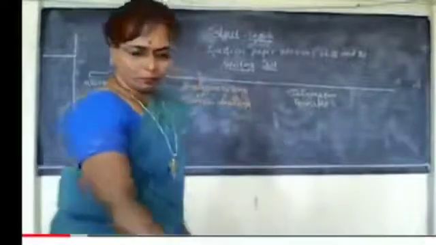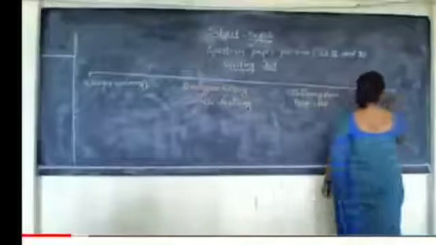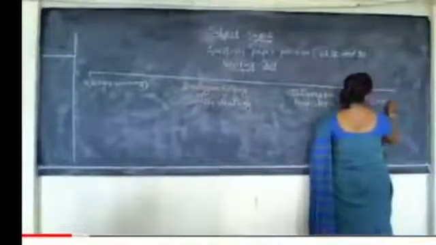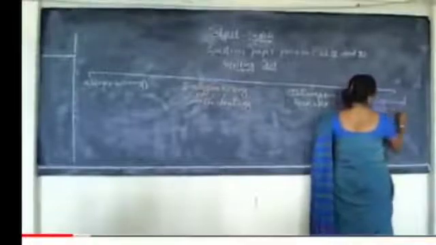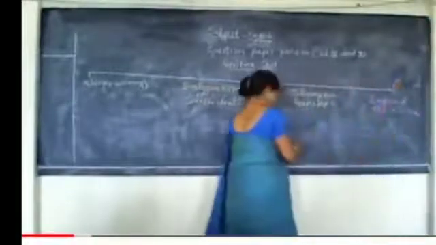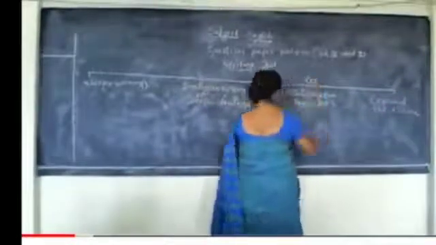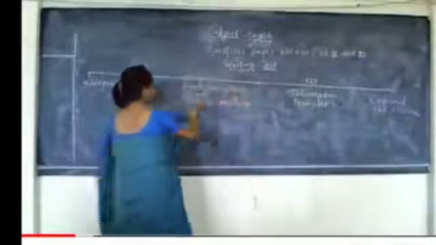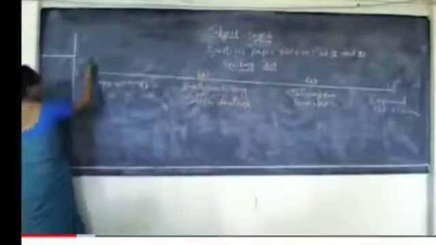And the 4th one, that is expand theme. This is D, then C, B, and here A.